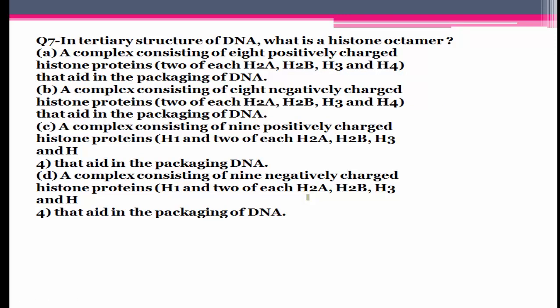In tertiary structure of DNA, what is a histone octamer? Histone octamer is involved in packaging of DNA, where the negatively charged DNA molecule wraps around the positively charged nucleosome, which is made up of 8 molecules of histone proteins. They are 2 molecules of H2A, 2 molecules of H2B, 2 molecules of H3 and 2 molecules of H4.